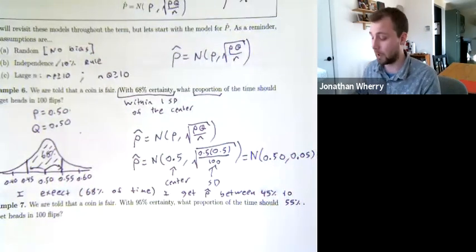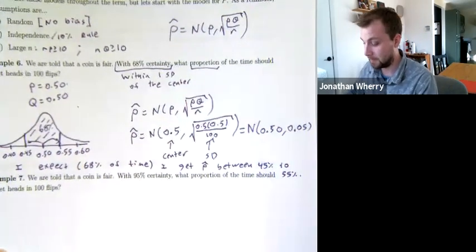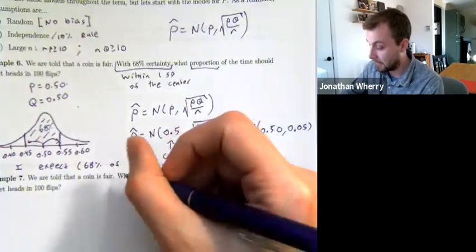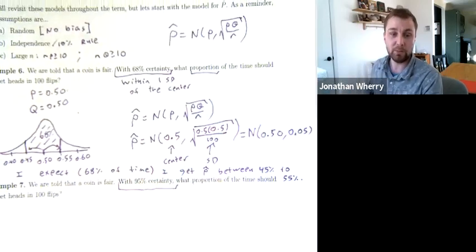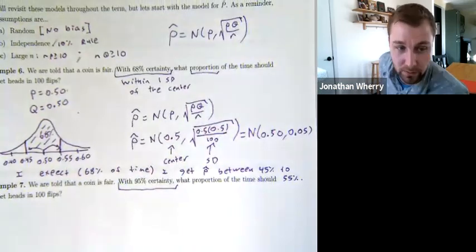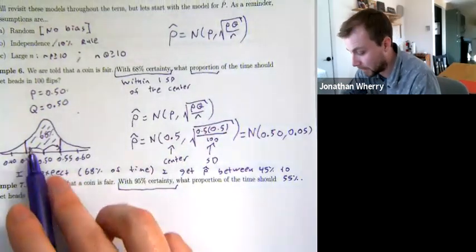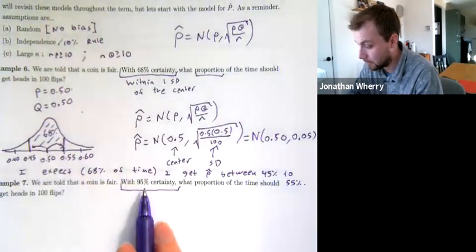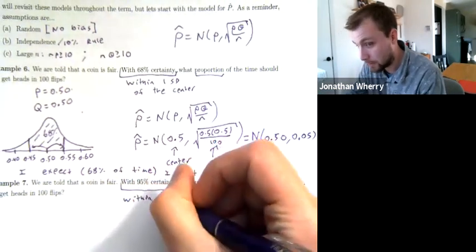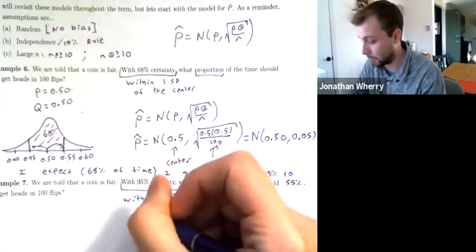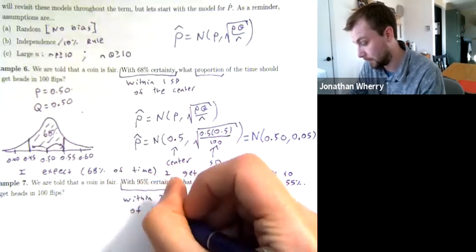Kicking this up just one more notch. Same thing for a coin flip. Now, if I wanted to be more certain or more confident, I'm going to have to guess more values. So 68% of my curve was here. 95%, this was within 2 of those tick marks of the center.